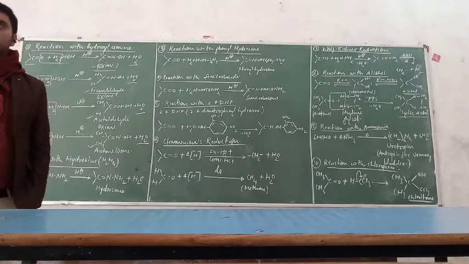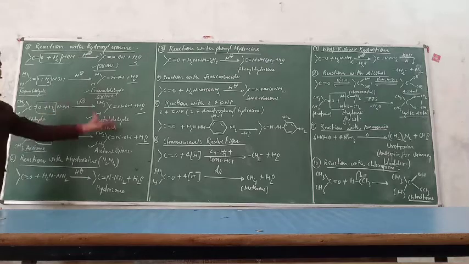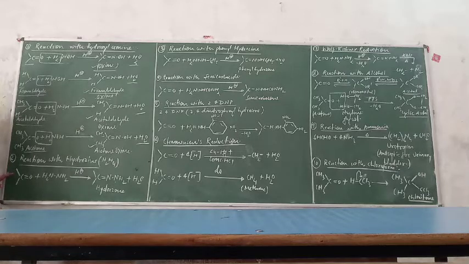Clear? Understand? Suppose a reaction is given to you and you have to complete that reaction. In this type of reaction, you only have the reaction given and you have to write the product's formula. Understand?